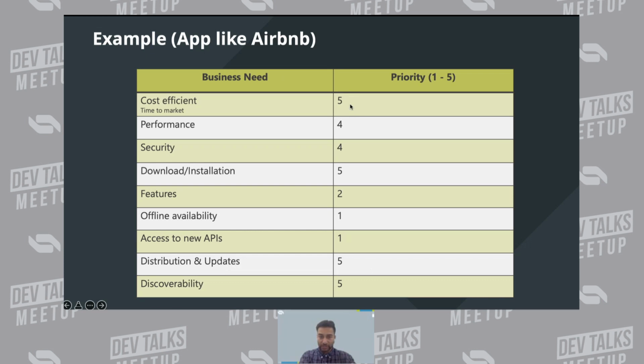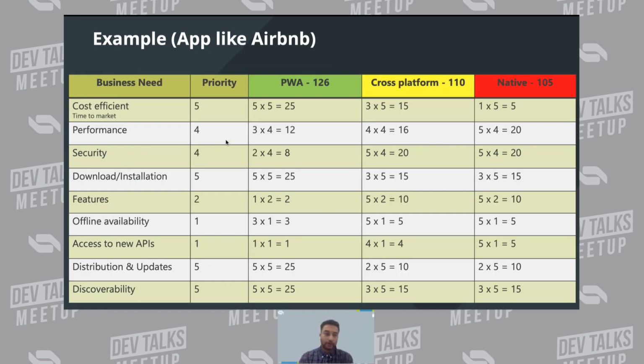So we basically prioritized all these different aspects for this project, which is an app like Airbnb. Now we can simply use our original metrics that we had to basically use this weighted scoring mechanism. And as we had different ratings for PWAs, cross-platform and native apps, we can just put these values here.